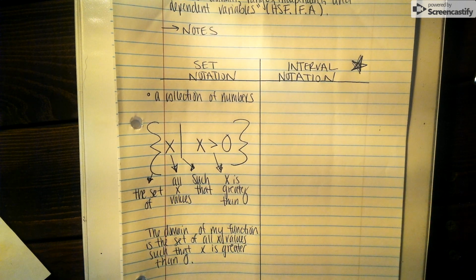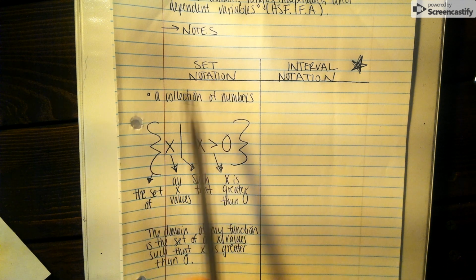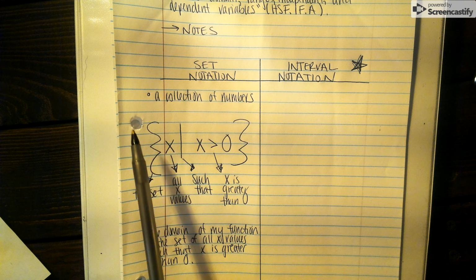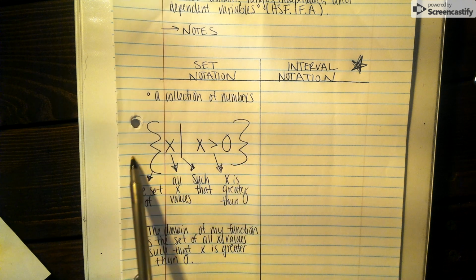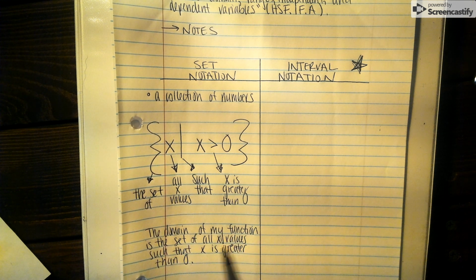So again, you should have already taken notes in your vocabulary as to what the domain and range is. So when I'm asked to look at a function and identify the domain, I can use set notation to go ahead and write that. And so mathematically, this is how we write set notation, but in words or in English, this is what it actually means. So let's move into interval notation.